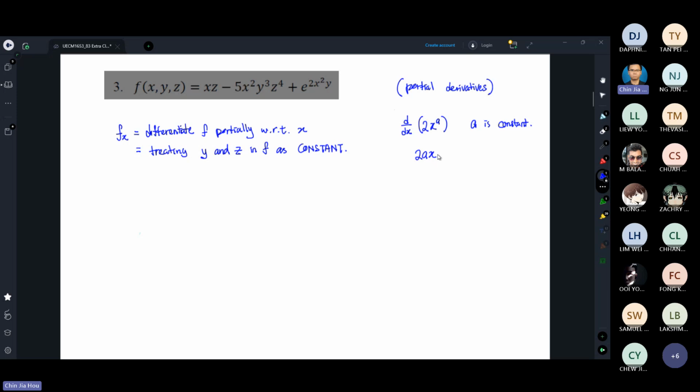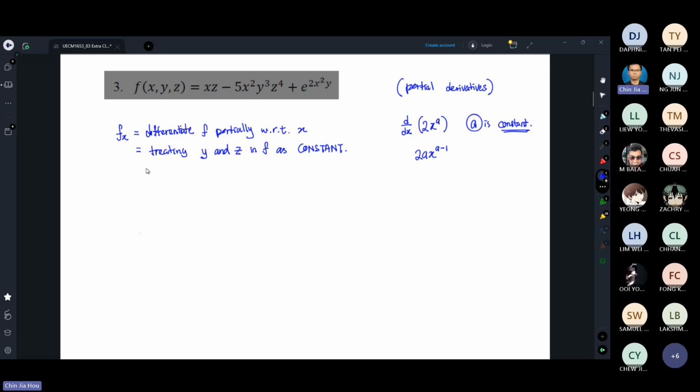And then reduce the power of the x by 1. So we simply do this. Although we do not know what is the value of a, we don't actually care. What we care about is we know that a is a constant. We treat it as a number. So in this case, treating y and z in the f as constants is then very straightforward.